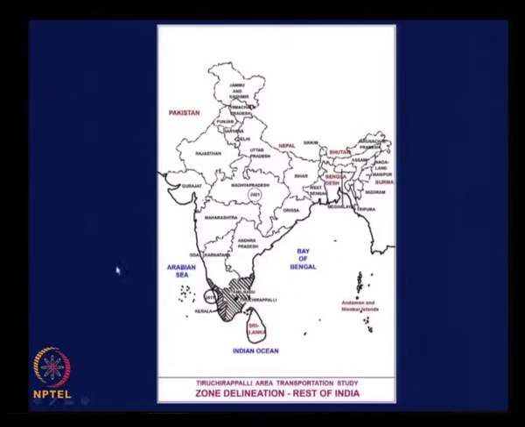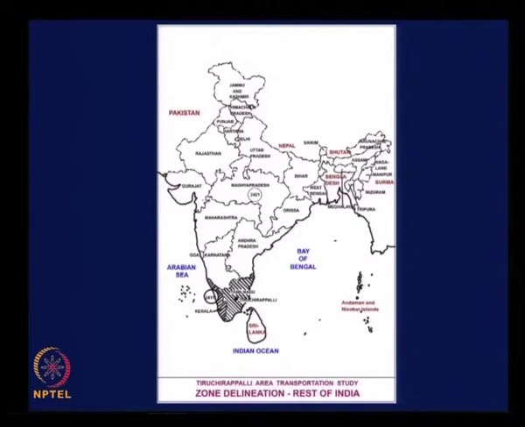So we have to extend your coding beyond the state. We discussed coding within the state, and Kerala being the adjacent state, the likelihood of people making more trips into the state is higher. So we have given a separate number for Kerala state, and the rest of the country is given one number. Whether a person is arriving from Andhra Pradesh, Madhya Pradesh or Himachal Pradesh, the code number will be only one.